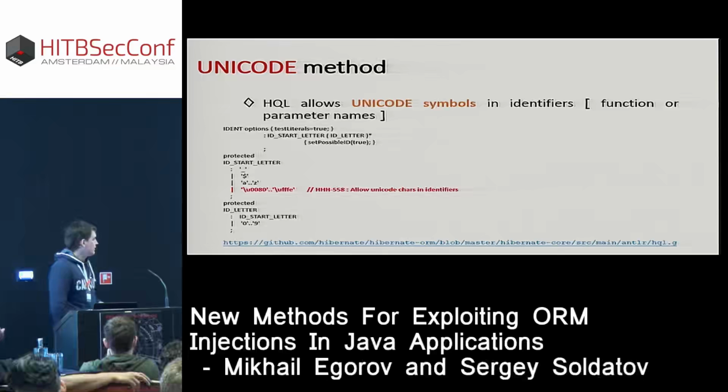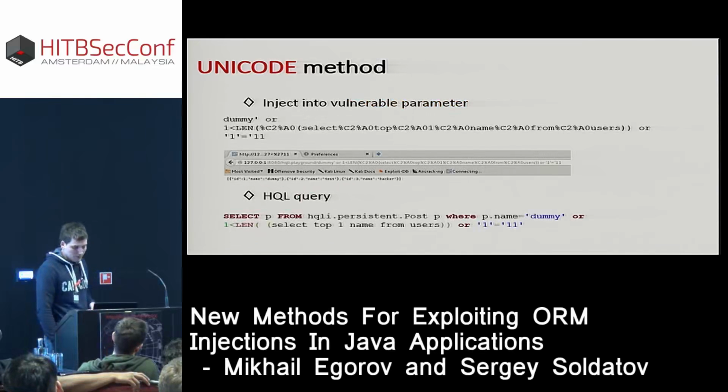Let's see why this method works. On the slide, you can see a snippet from the HQL grammar. And the rule that is marked red on the slide tells us that Hibernate allows using Unicode symbols in identifiers.